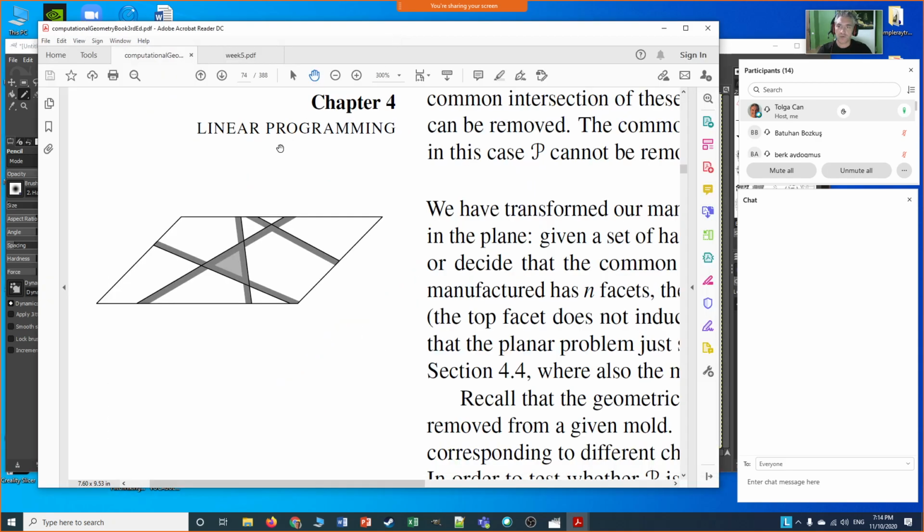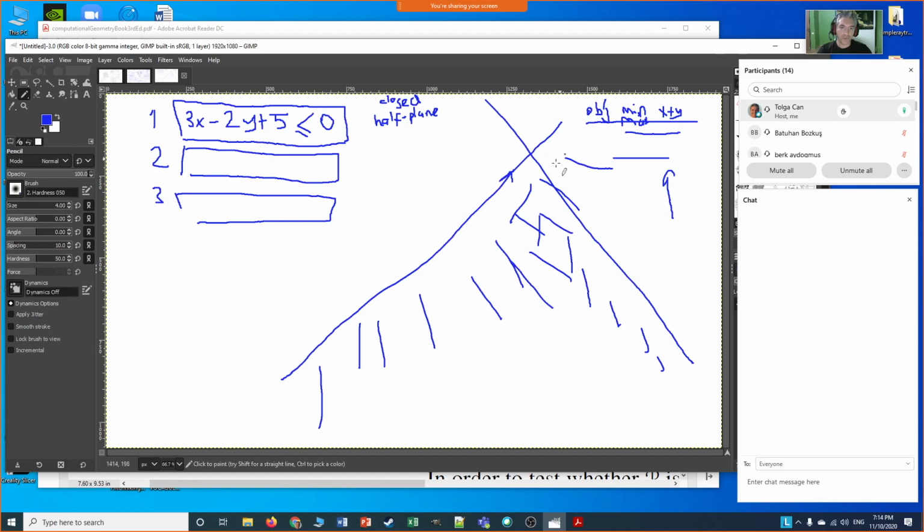For example, if this triangle is the feasible region and you're minimizing in this direction, we may select one of the corners of this triangle as our pulling direction when we optimize an objective function like this.